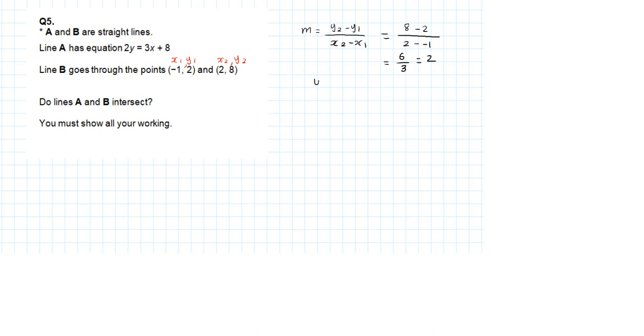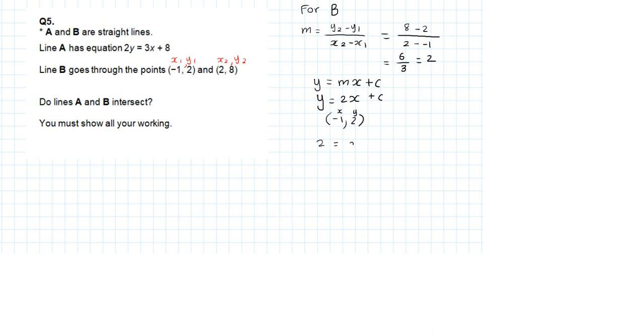So we can write this down as y equals mx plus c, equation of a straight line. So y equals 2x, because we worked out the m for line B, 2x plus c. I'm going to choose the coordinates minus 1, 2. When x is minus 1, the y value is 2.